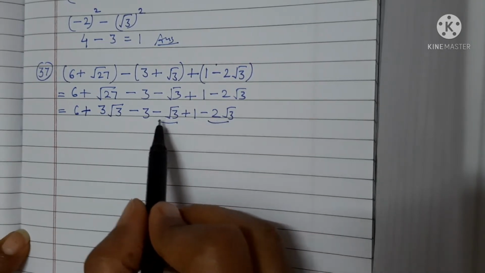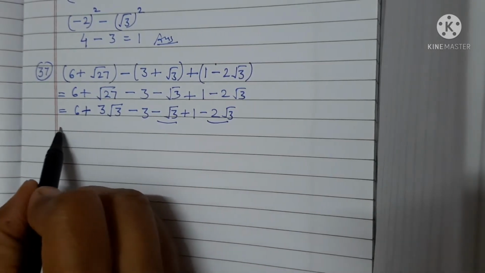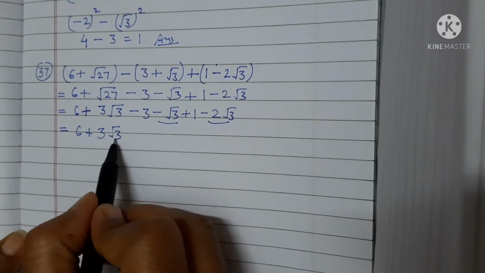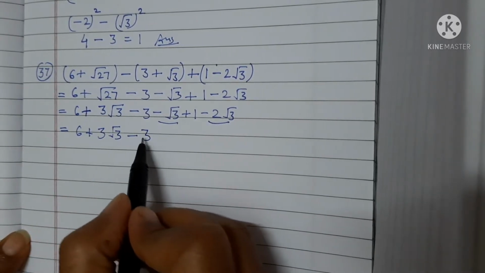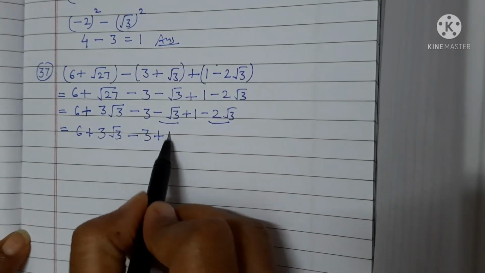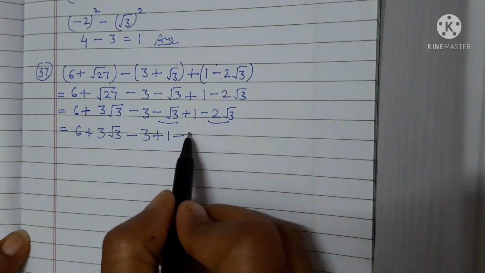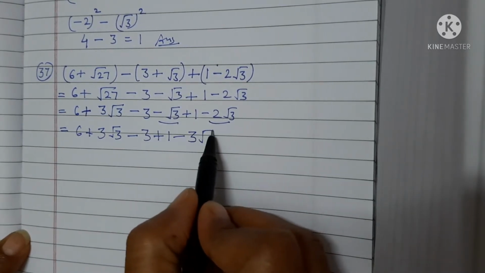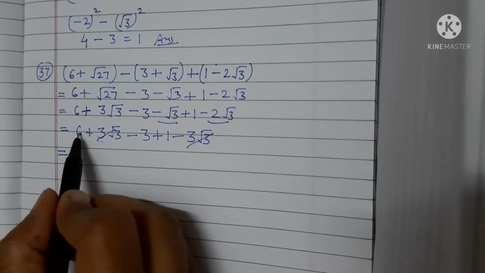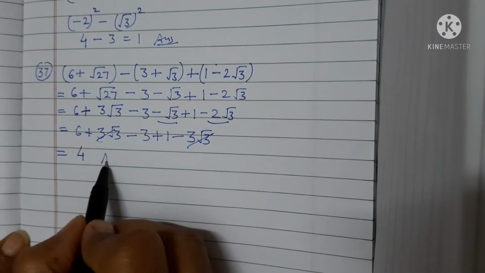This becomes minus 3√3, and here plus 3√3. This will be cut, and here 6 plus 1 is 7, minus 3. So you will get the answer 4.